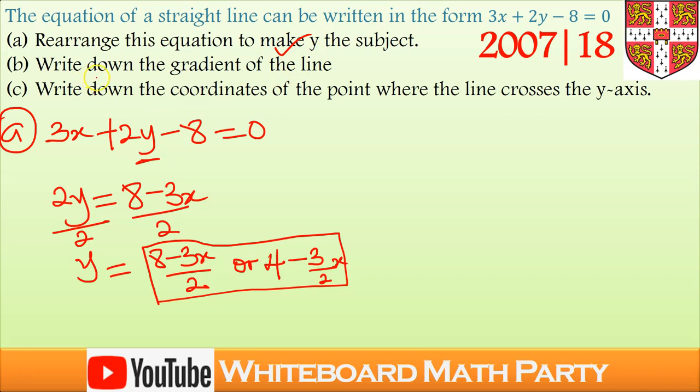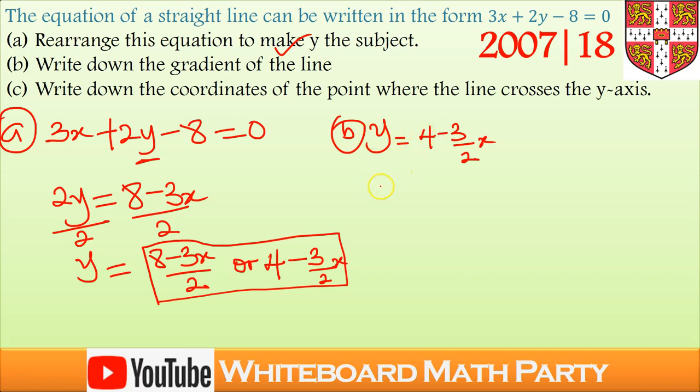Question B says, write down the gradient of the line. This is where our knowledge of differential calculus, or differentiation, comes in. Since from the problem we solved in A, our y is already equal to 4 minus 3 over 2 of x, for us to know our gradient, there are two approaches we can employ.